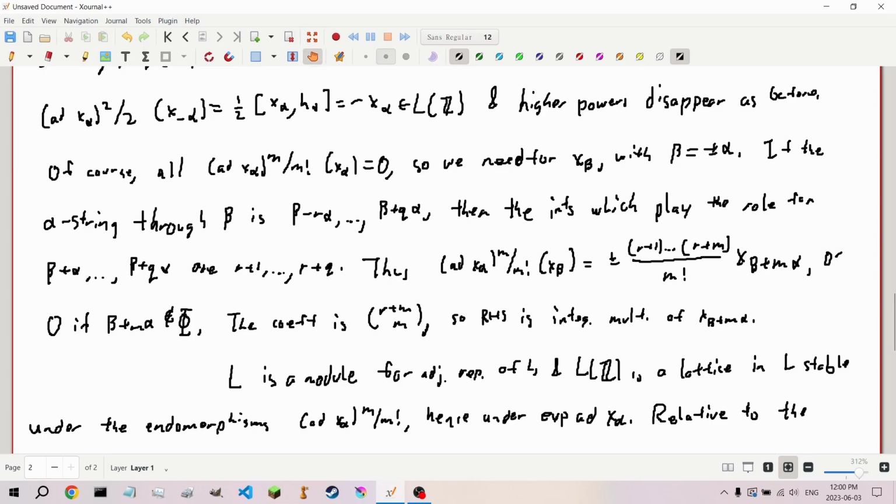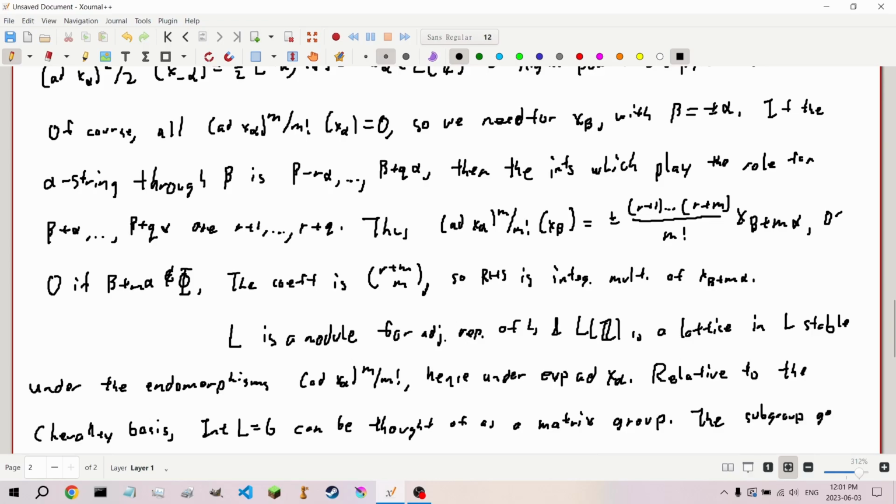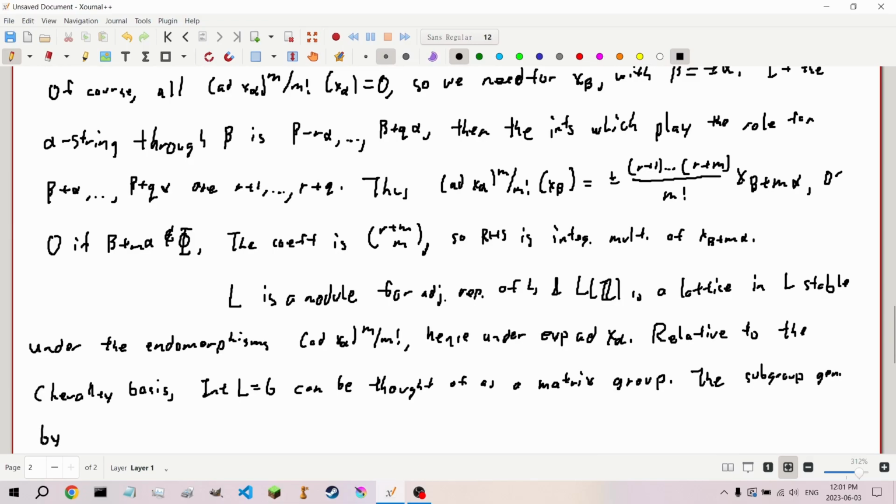Relative to the Chevalley basis, the interior automorphisms of L as G can be thought of as a group of matrices, and the subgroup generated by all of the exponentials of the adjoints of Cx alpha for alpha in our root system and C being an arbitrary integer leaves Lz invariant.